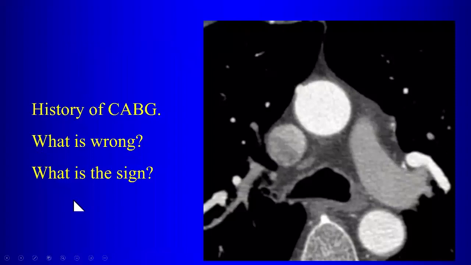So if I tell you this patient has a history of a CABG, or a coronary artery bypass graft, is there anything wrong here? Anything that you're concerned about? There's a little bump here, right, off the ascending aorta.